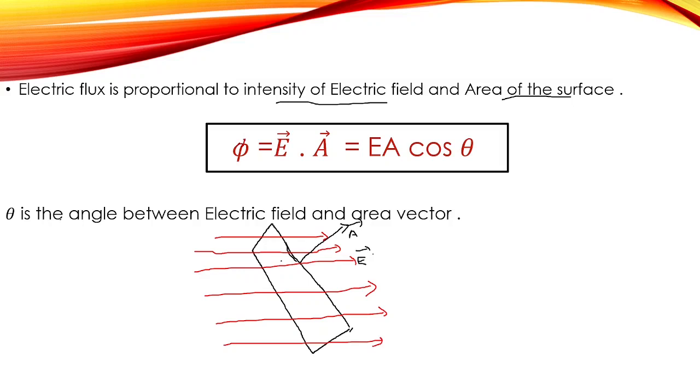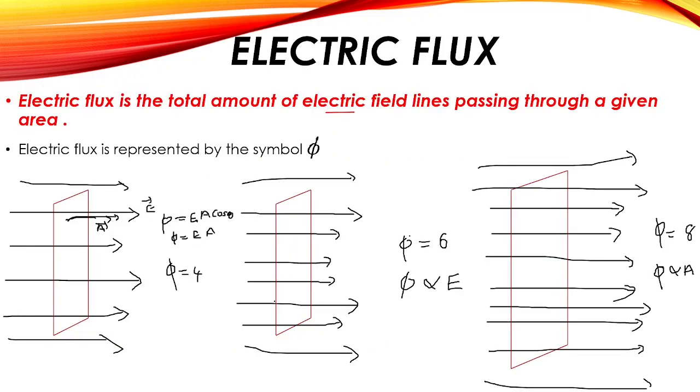Here theta is the angle between the electric field and the area vector. So it is our electric field and it is our area vector, and theta will be this. By applying all this, we can find the electric flux through this area. Don't count the electric field lines when a figure like this is given, okay? I counted electric field lines in this figure because I need you to understand the meaning of electric flux. But in a question, don't count the electric field lines and put phi equal to 6 or 5.